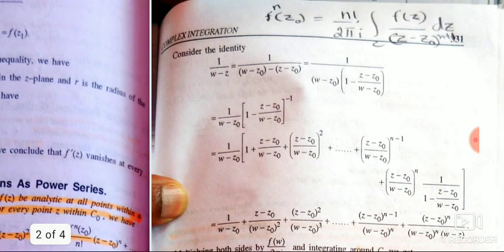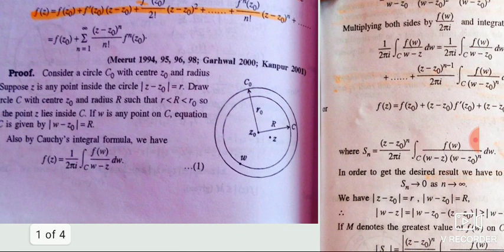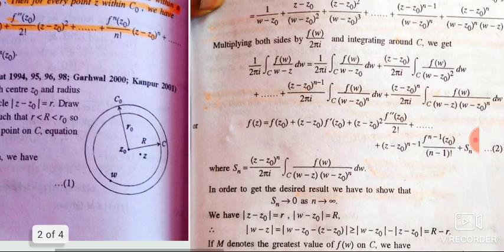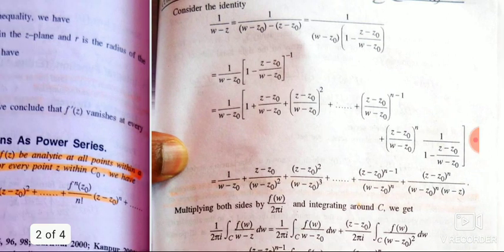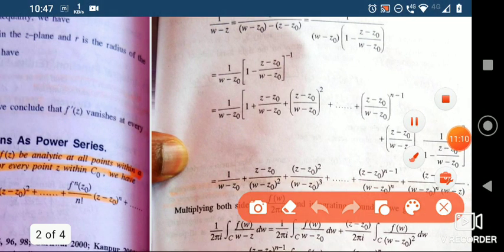So consider the identity 1 divided by W minus Z. See, just see here, we are somehow constructing this whole equation by making some adjustment. In the beginning we start with 1 by W minus Z. So that's what we have taken here, 1 by W minus Z, right?